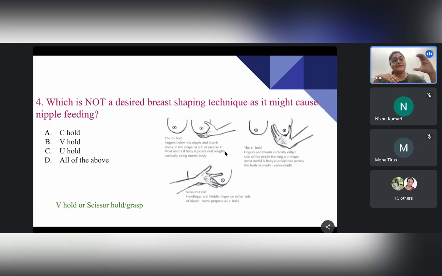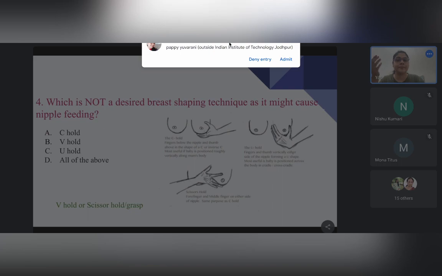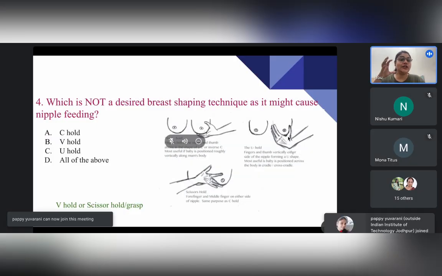If it is from the side, we can say it is the C hold, and if it is from beneath or from the top, then we can say it is the U hold. So C hold and U hold are very helpful ways of contouring the breast. These are the useful holds in which proper latching can be mediated.